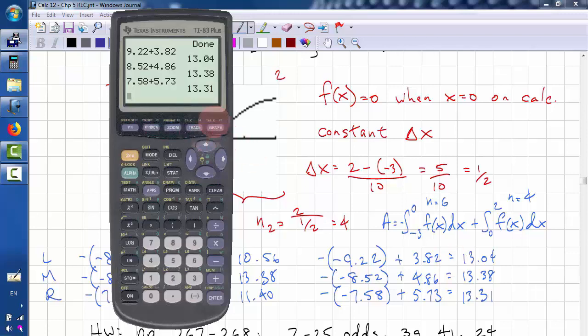And let's compare this to the actual value. So we're going to calculate from negative 3 to 2. Calculate the whole thing. We use absolute value bars, the y bars function, y1 of x, and graph.